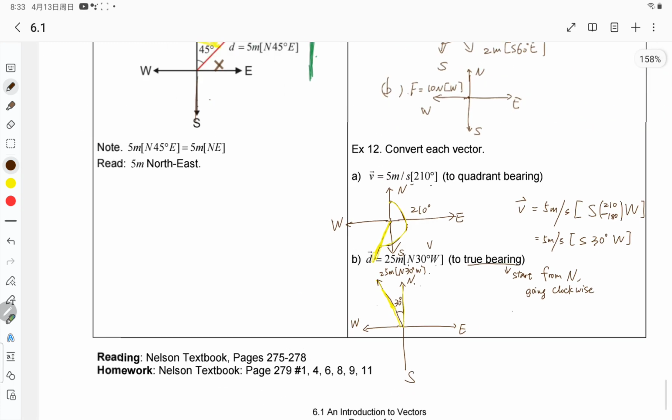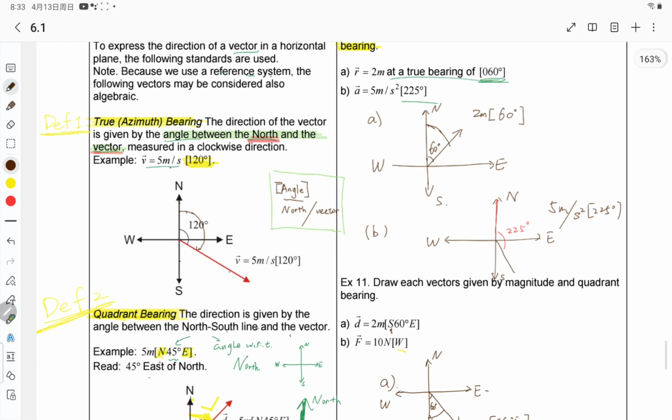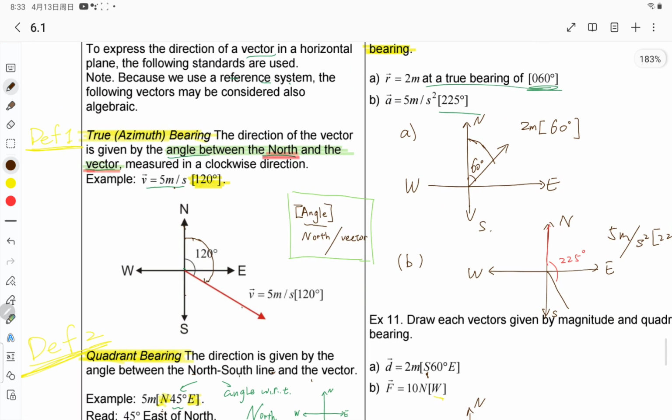We'll just stick to the definition, it helps us: the angle between the north and the vector, measured in a clockwise direction.